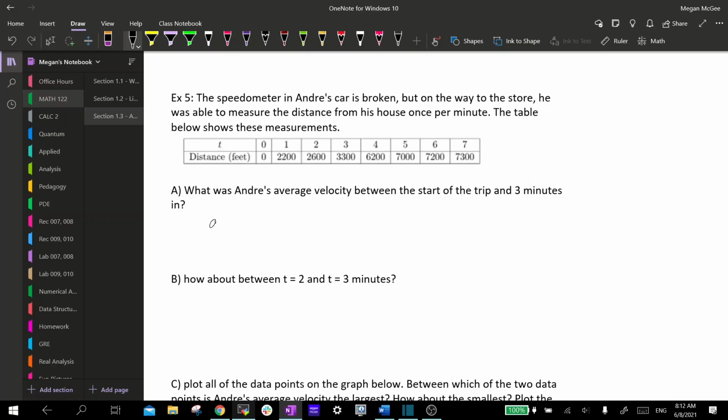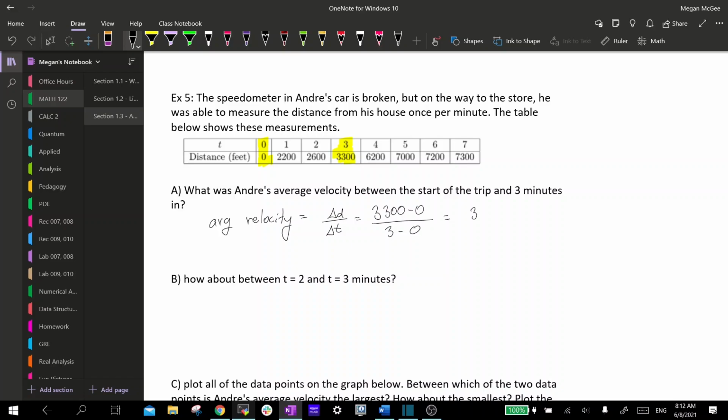Alright, so our average velocity, we just said, was our change in distance over our change in time. So our change in distance between 3 minutes and 0 minutes. So distance is our bottom row. So that's 3,300 minus 0 over our change in time. Well, that's minute number 3 minus minute 0.